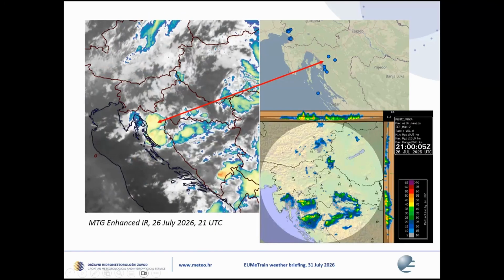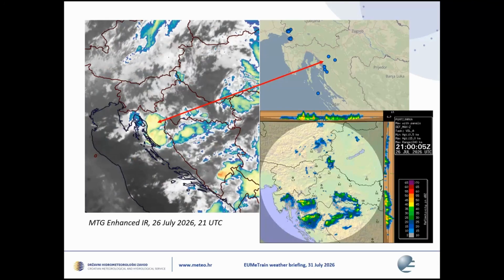So as I said, many of these storms weakened as they approached the Croatian coast, but in the late evening and during the night, another system developed. This system was more connected to another trough which was approaching from the northwest, and the first trough that we saw on Air Mass RGB goes more to the southeast.